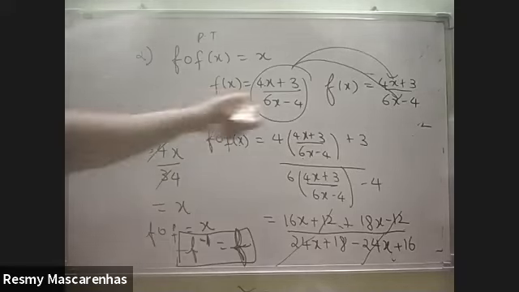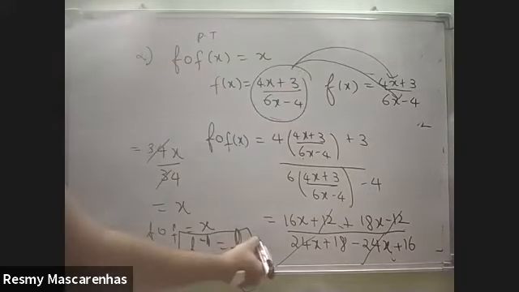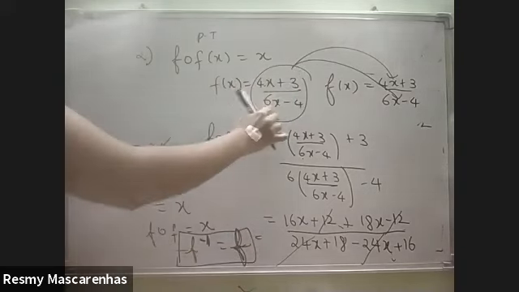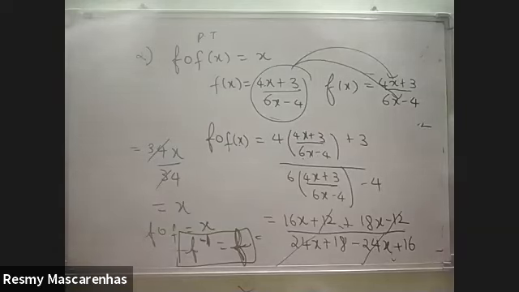f means what? This function f of x. If you want, you can write that also. 4x plus 3 upon 6x minus 4 is your answer. That is your inverse.